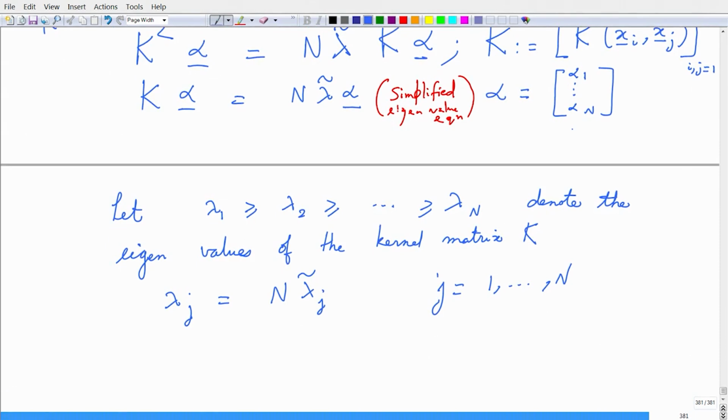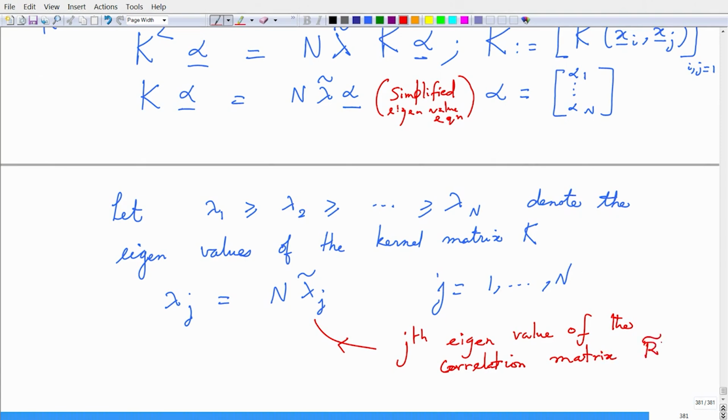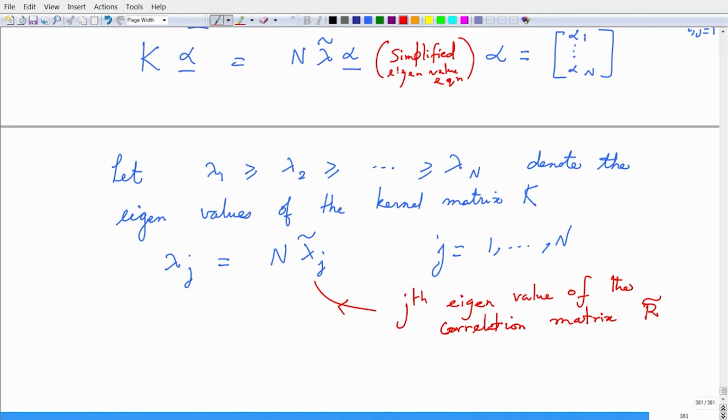If I set it like this, where lambda j tilde is the jth eigenvalue of the correlation matrix R tilde, right.